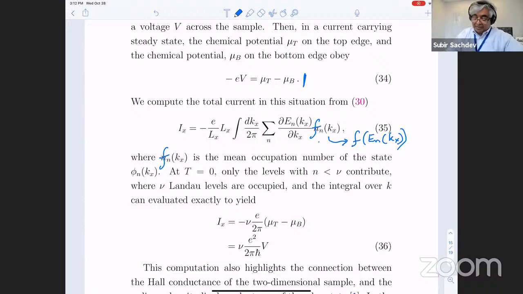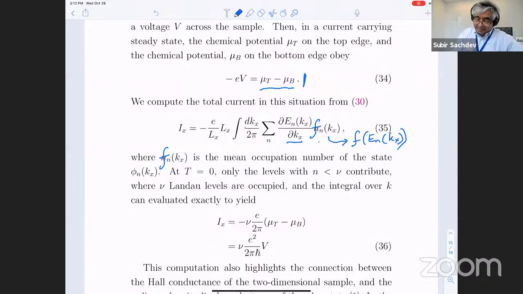Now this function here at zero temperature is either 0 or 1. And really, this says that I should integrate only between these two values of the chemical potential, because below that, the two ends will just cancel out. So if I only integrate that window, I have to do the integral dKx dEn/dKx.